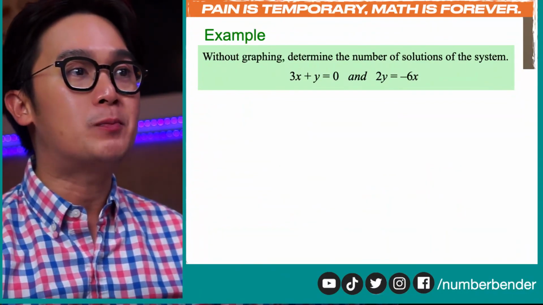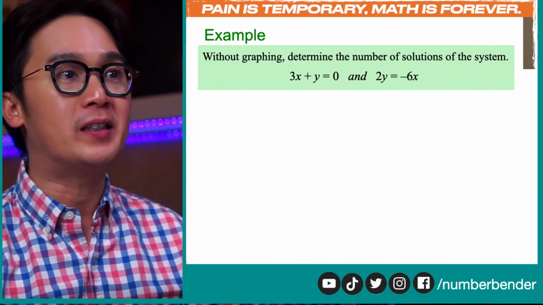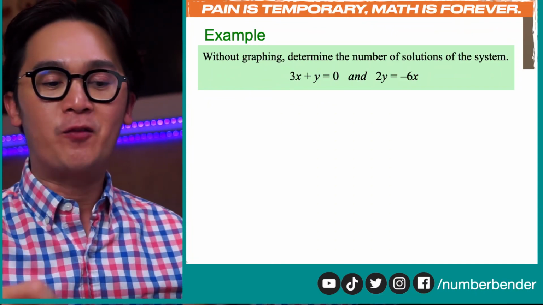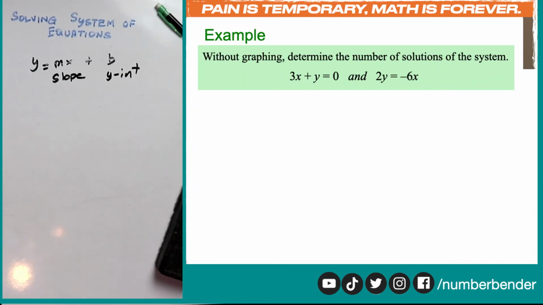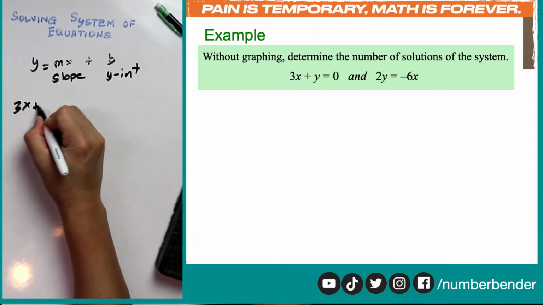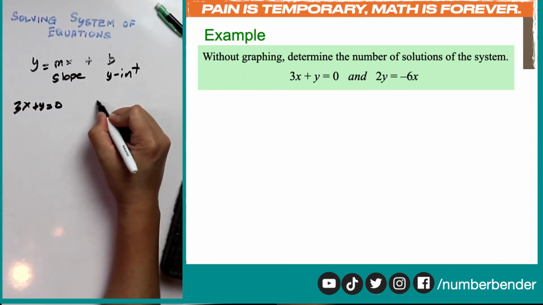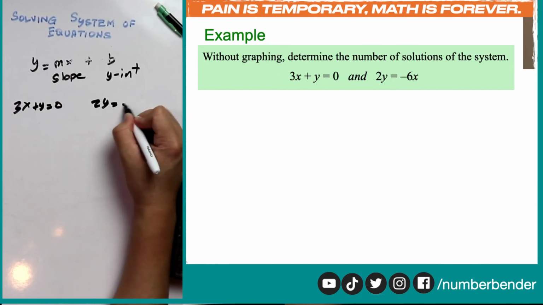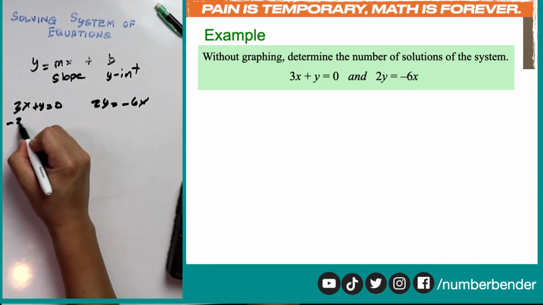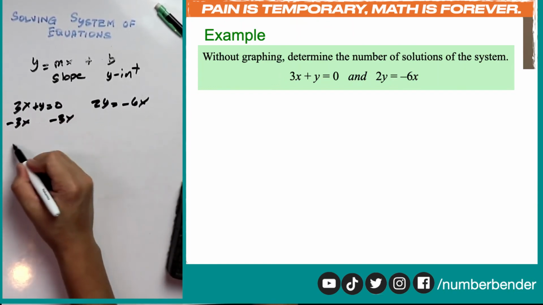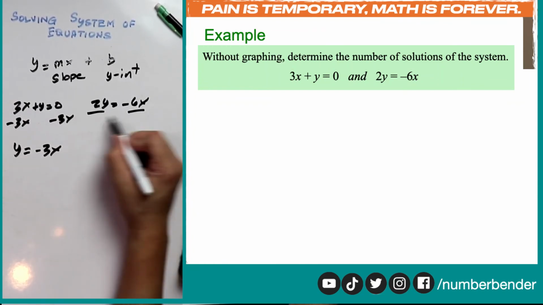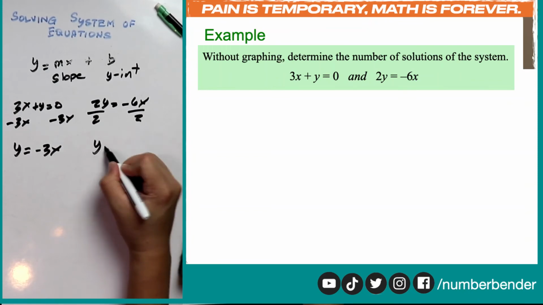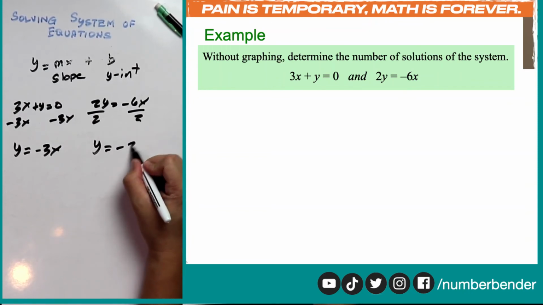So if we have 3x plus y is equal to 0 and 2y is equal to negative 6x, if we modify this using algebra, for the first line, we have 3x plus y equals 0. Second line, 2y equals negative 6x. By subtracting 3x on both sides, y is equal to negative 3x. And in this case, by dividing both sides by 2, y is equal to negative 3x.